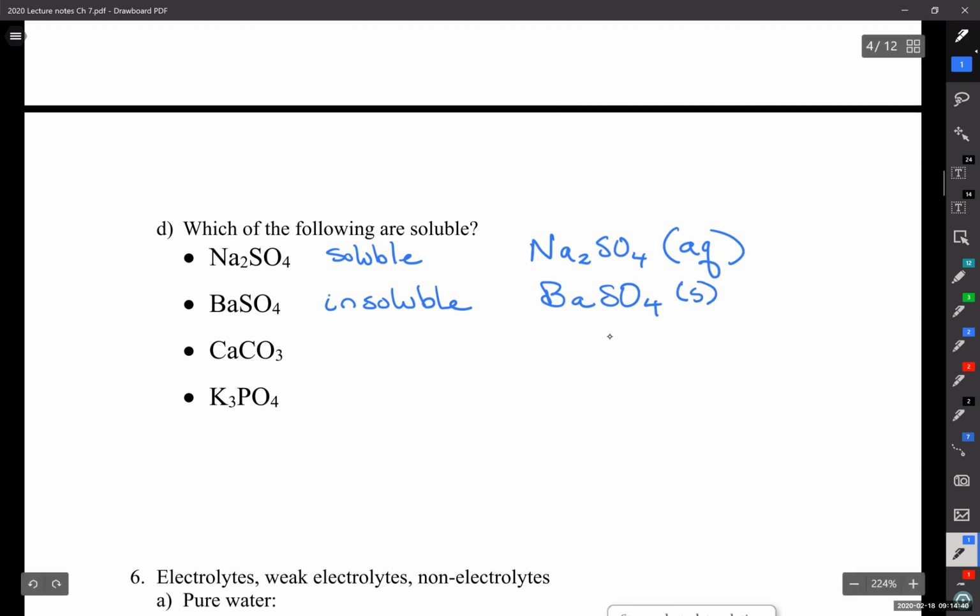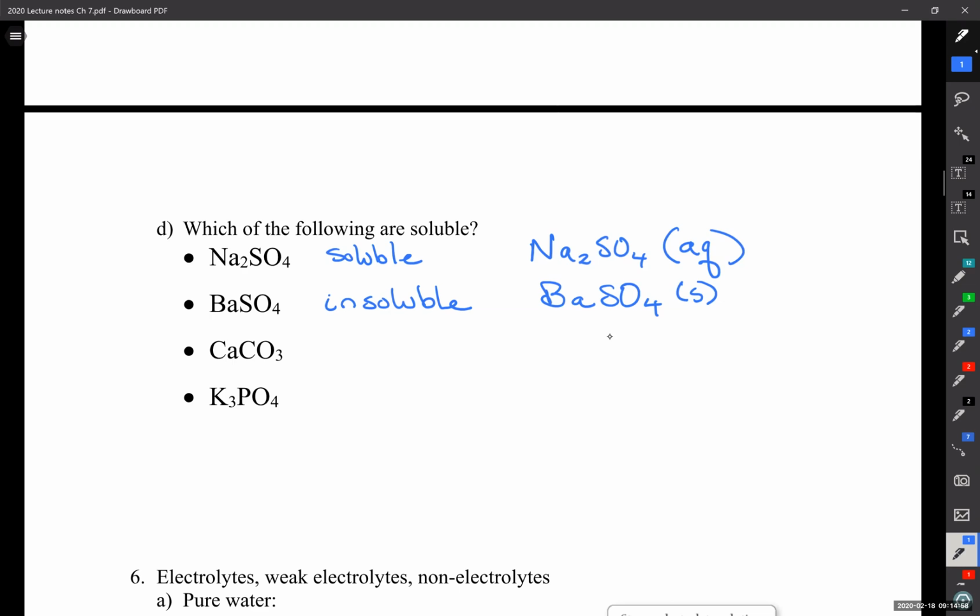Think about it like sodium sulfate. When you're dissolving in water, the sodiums are taking off, the sulfates are breaking up into ions, they're all floating around separately. Put barium sulfate in water, it just sinks to the bottom. It's just a lump in the bottom.